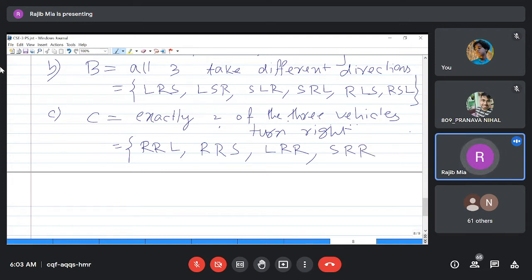Also, we can place this L in between the 2 Rs, that is RLR, and for RRS, RSR. So these are the possibilities. There are 6 outcomes in the event C.